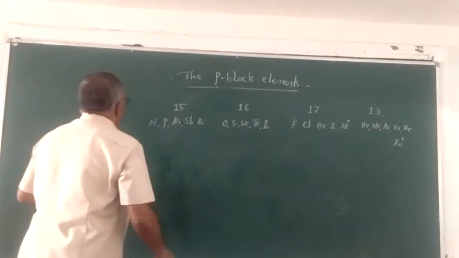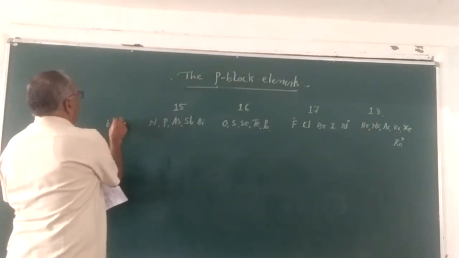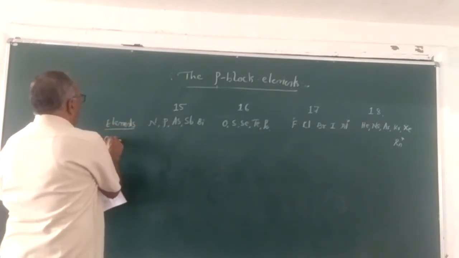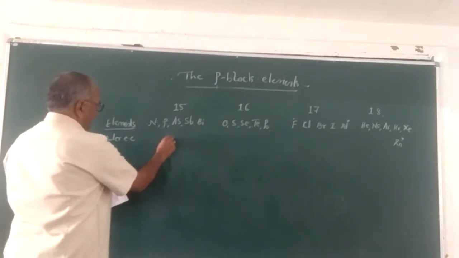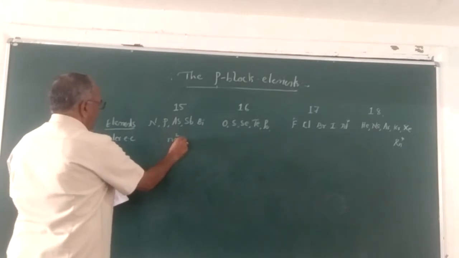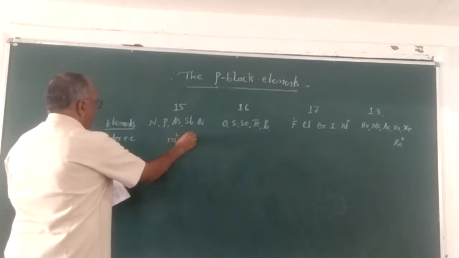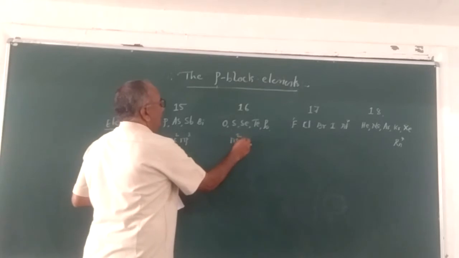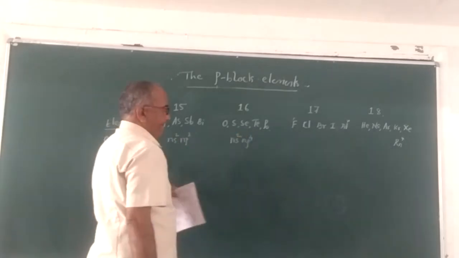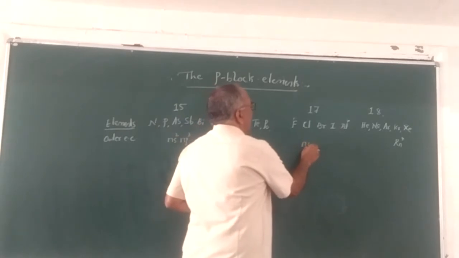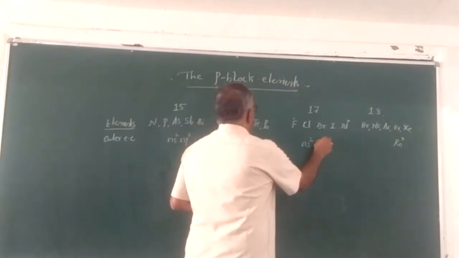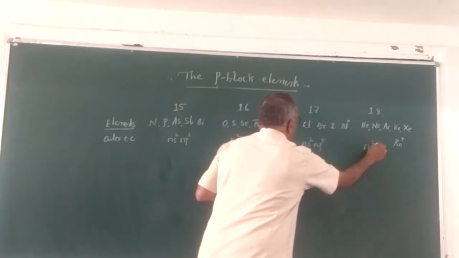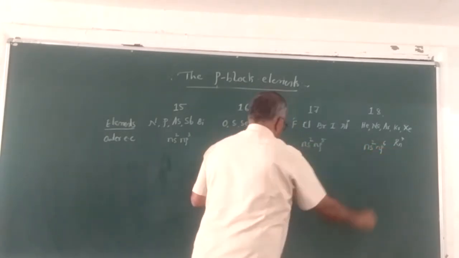These are the elements present in various groups. Then the outer electronic configurations are ns2 np3, ns2 np4, ns2 np5 and ns2 np6.